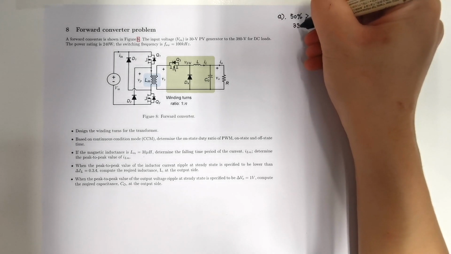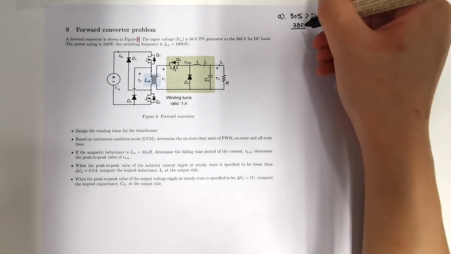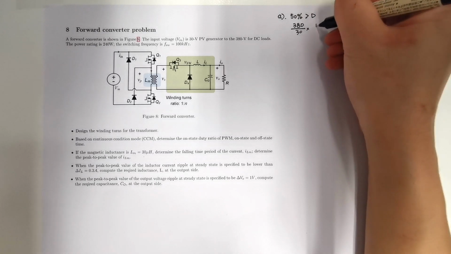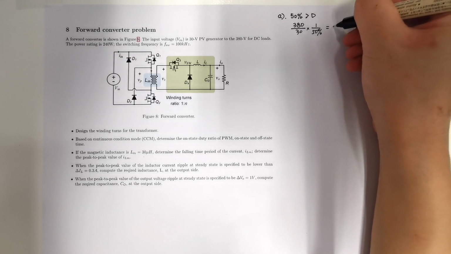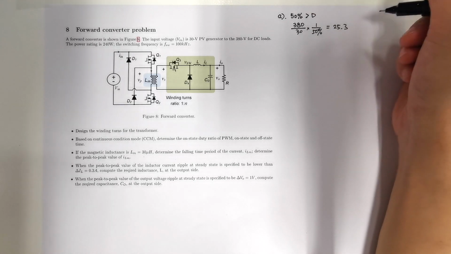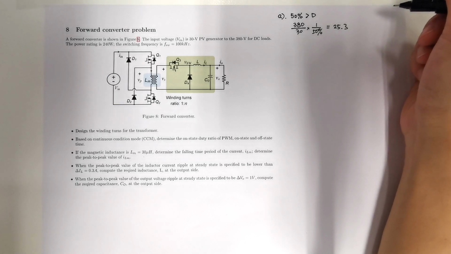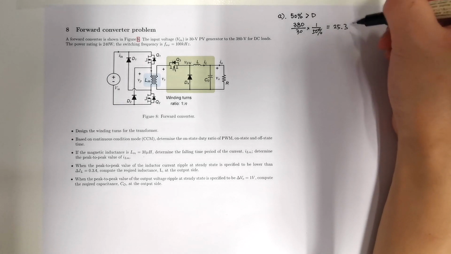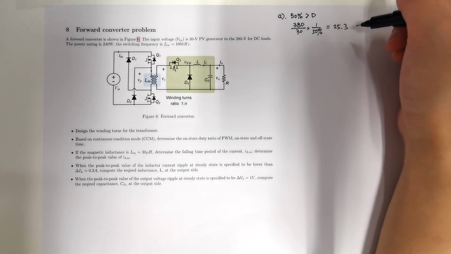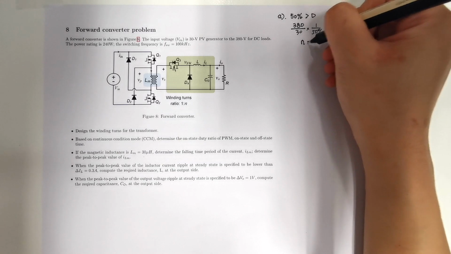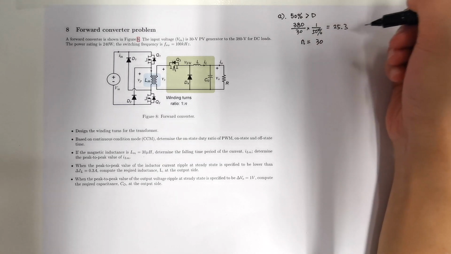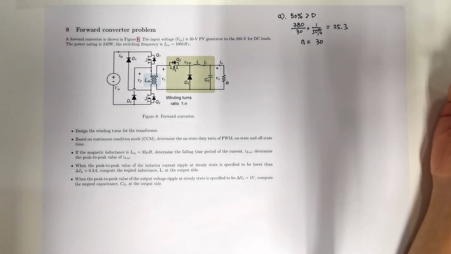We first calculate 380 divided by 30 times 1/2, which equals 25.3. So we need to pick a value that's larger than this one to make sure our duty is smaller than 50%. So I pick N equals 30. You can pick your own value.